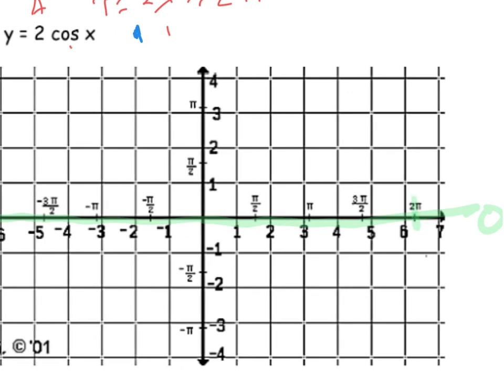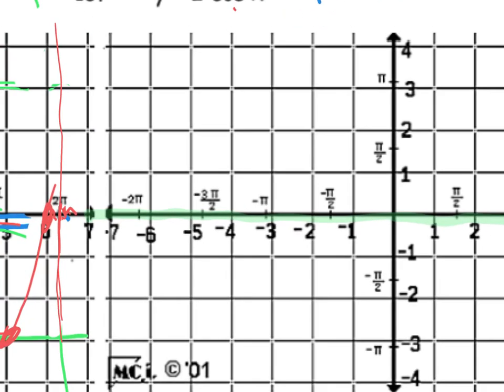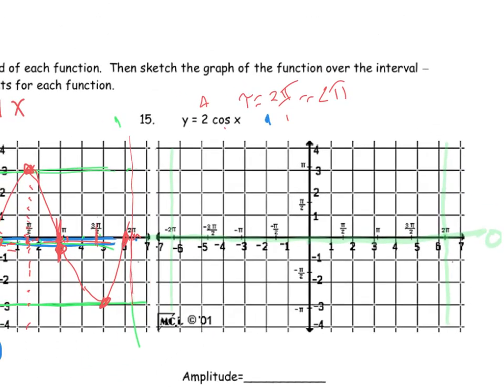Here's my 2 pi, kind of up here and down here. And my negative 2 pi is right about here. So I'm just making these up. My amplitude was 2, so from 0 I go up 2. I'm using this light green just so that I can make the boundaries of my curve.